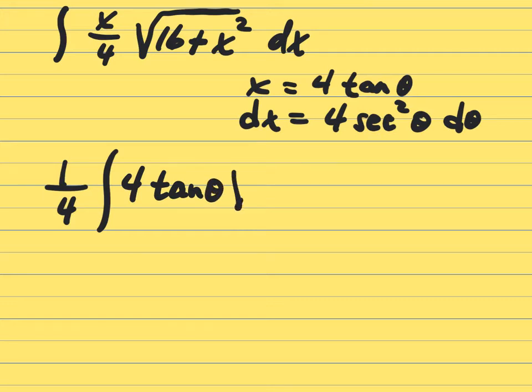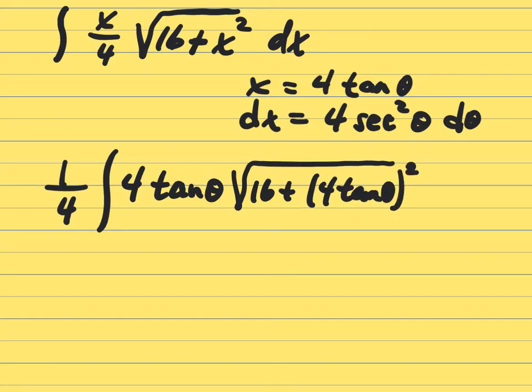Under the radical, 16 plus 4 tangent theta, quantity squared. And then dx, I'm going to write it underneath, but it's really all one line. 4 secant squared theta d theta.